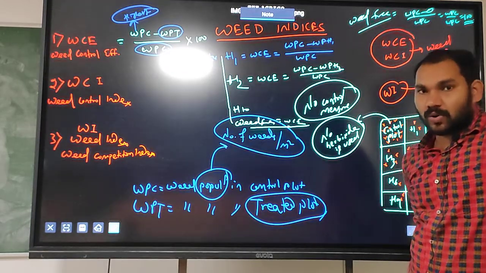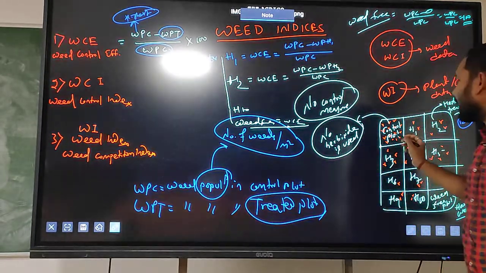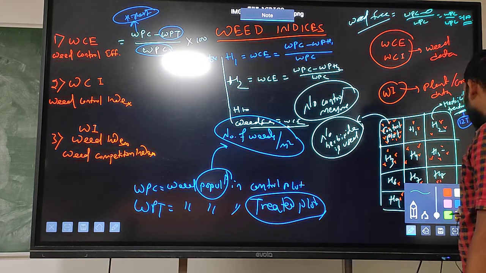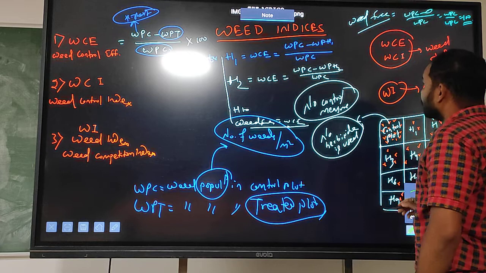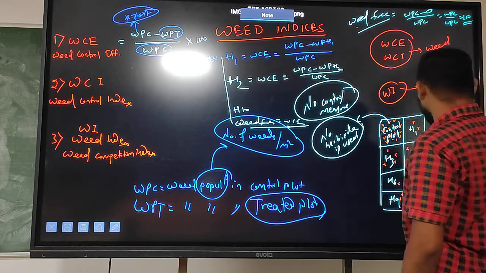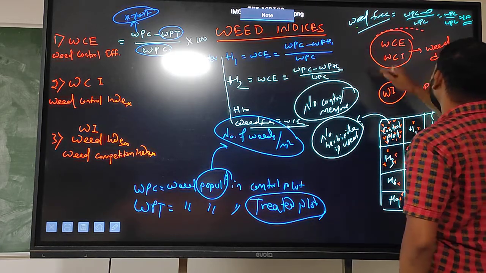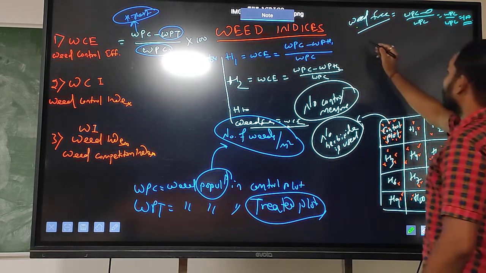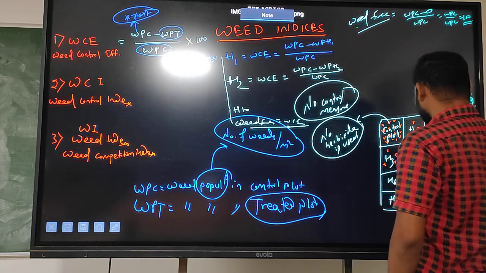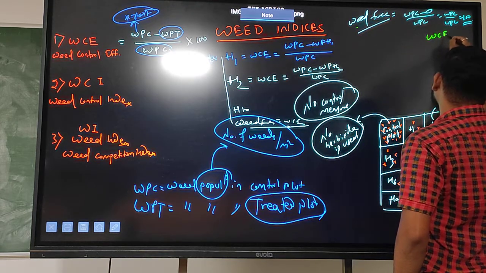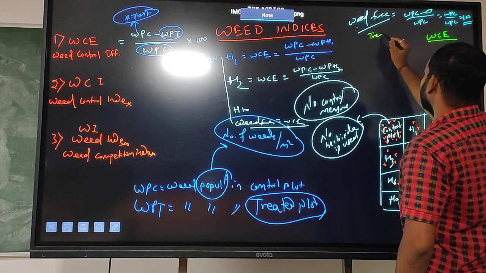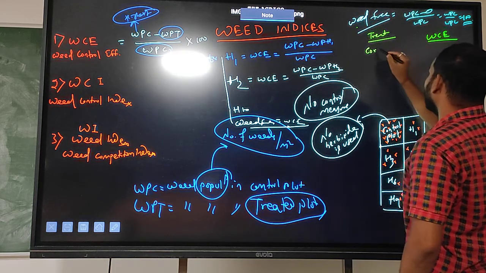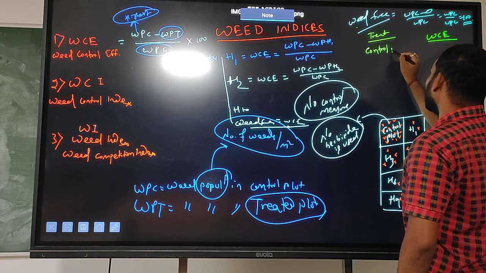Okay. So the weed control efficiency of the control plot is 0. Yes or no? Here I am writing weed control efficiency against the treatment. The first treatment here is the control plot.